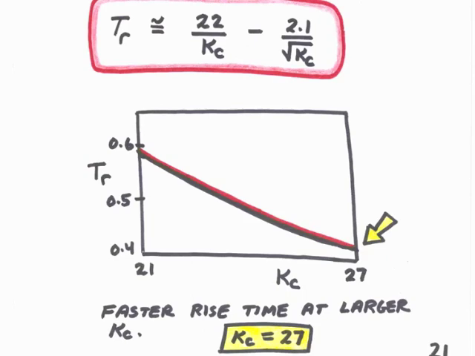But let's suppose that we desire to have the percent overshoot less than 10%, the settling time less than 1 second, and we wish to minimize the rise time. In this case, the best value of kc to choose would be 27, because this achieves the minimum rise time while having the percent overshoot less than 10% and the settling time less than 1 second.